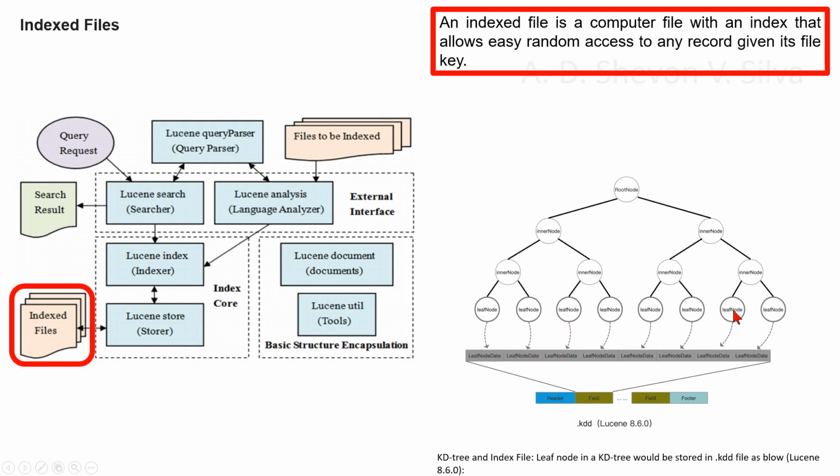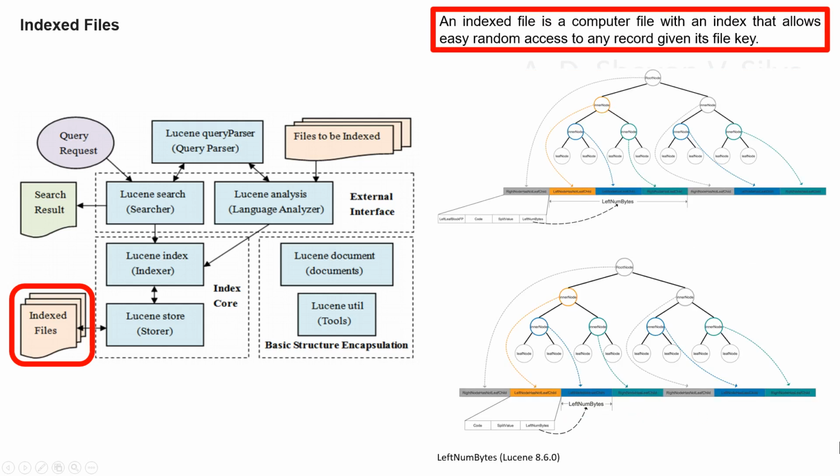These leaf nodes are connected to leaf node data here, and this segment is a field in the .kdd file. You can see the header here, fields here, and footer here. Here you can see the left num bytes.